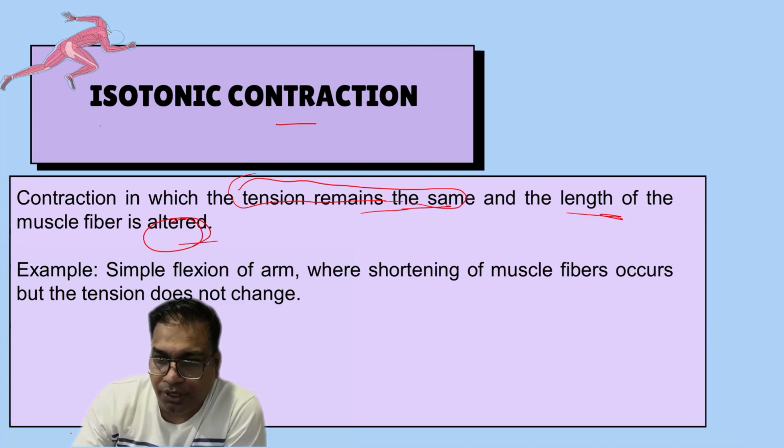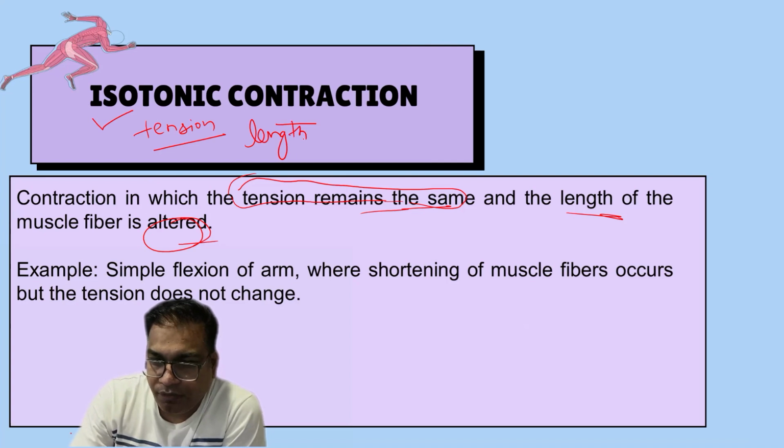There is no change in tension, but the length of muscle is variable or altered. Such kind of contraction is called isotonic contraction.